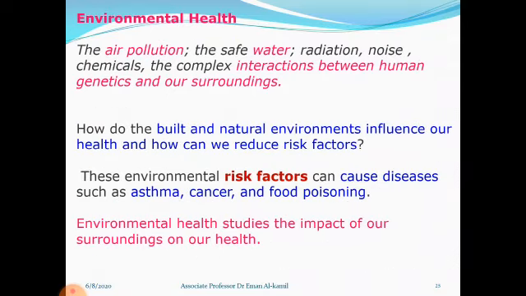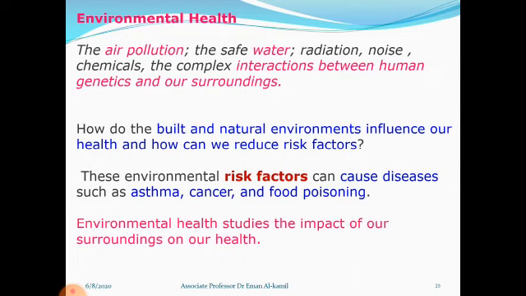Environmental health is one of the important disciplines in public health. It is about how the environment affects the health of people, and how we can prevent the effect of the environment on the health of people. The environment includes, for example, air pollution.